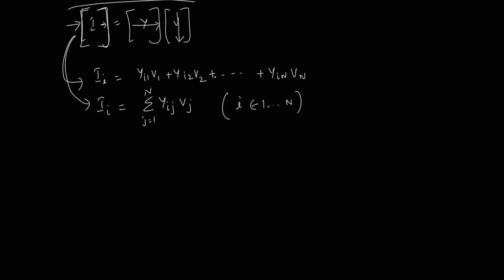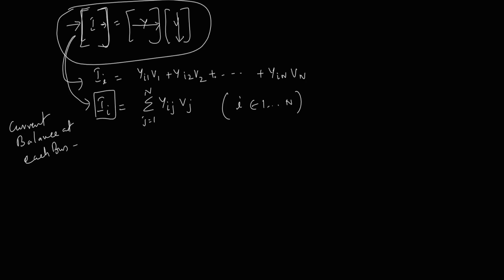Okay, so now what I can say is that this matrix representation is actually looking after the current balance at each bus. Now this I_i is the specified term.